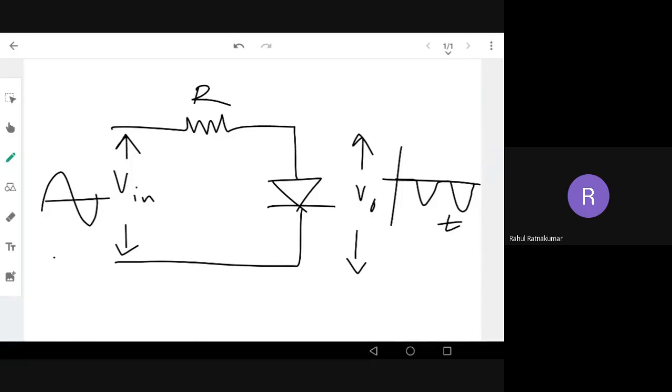Okay, I hope you have tried something. Let's see. Can anyone tell me what output they are getting?